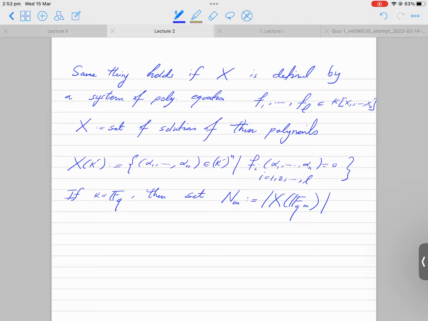Is everybody clear what we're doing here? We're taking a bunch of equations and looking at their solutions over field extensions of the ground field. Because we're over a finite field, we can count. This is for general L many f's, not just one f.